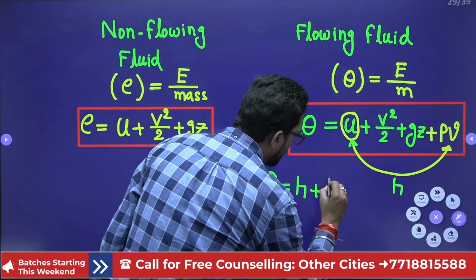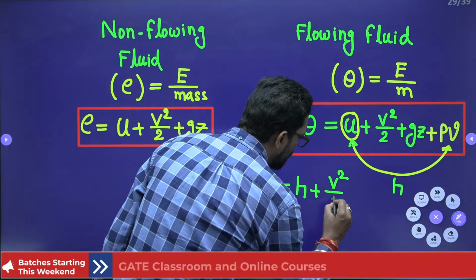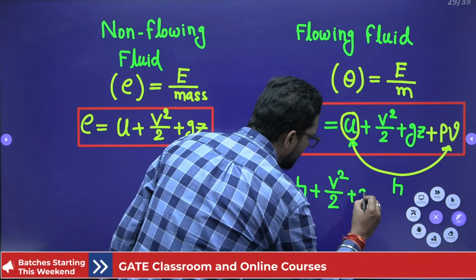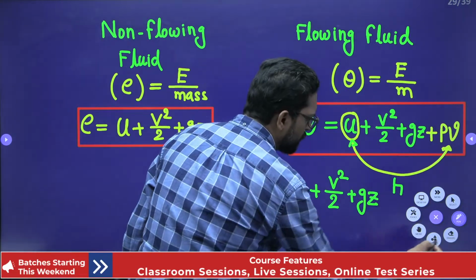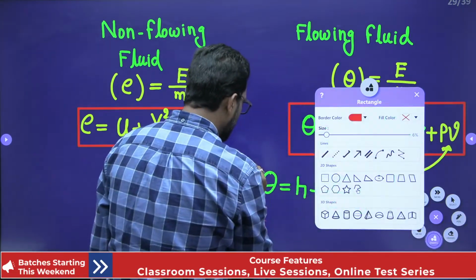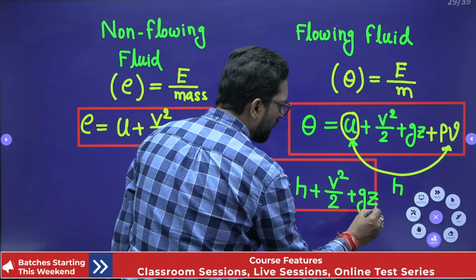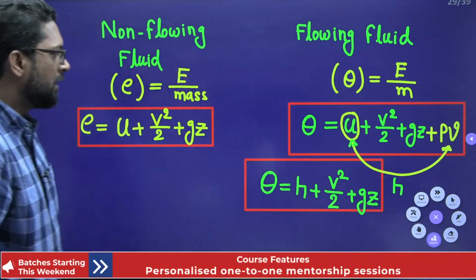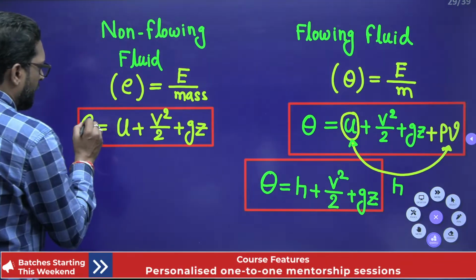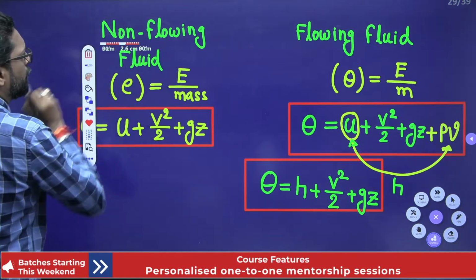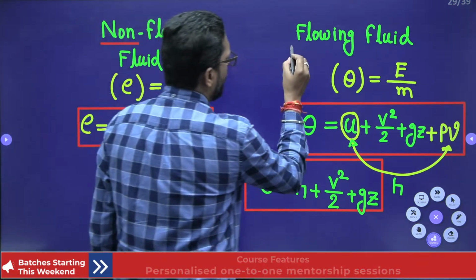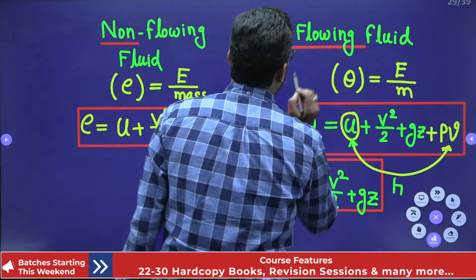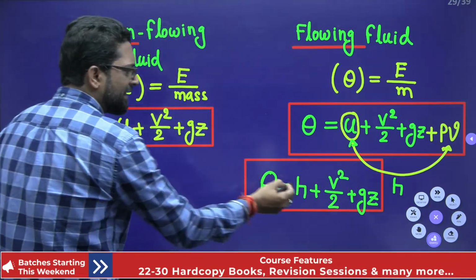Enthalpy plus V square by 2 plus gz. This is your final, okay? That means when there is a non-flowing fluid and when there is a flowing fluid, instead of internal energy, there is enthalpy.